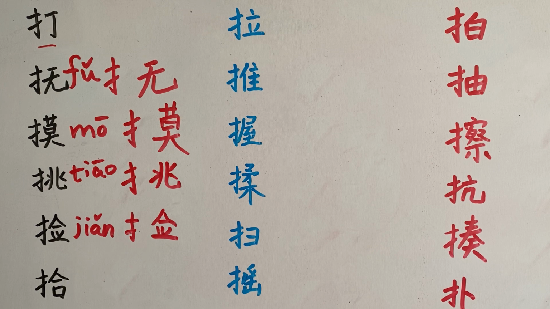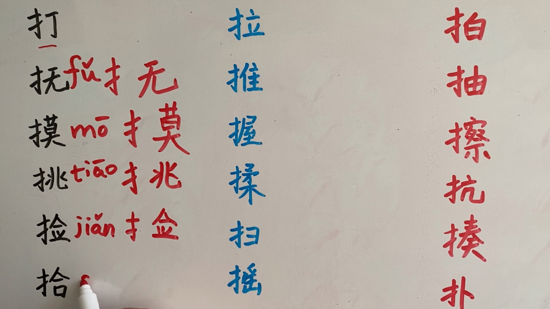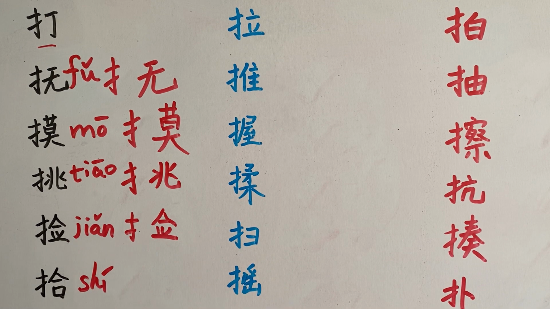And the next one, 拾. Chinese pinyin shí. 拾 is an old-fashioned or formal way to say pick up, used in written language. 拾起来 and 捡起来 are the same, pick up.